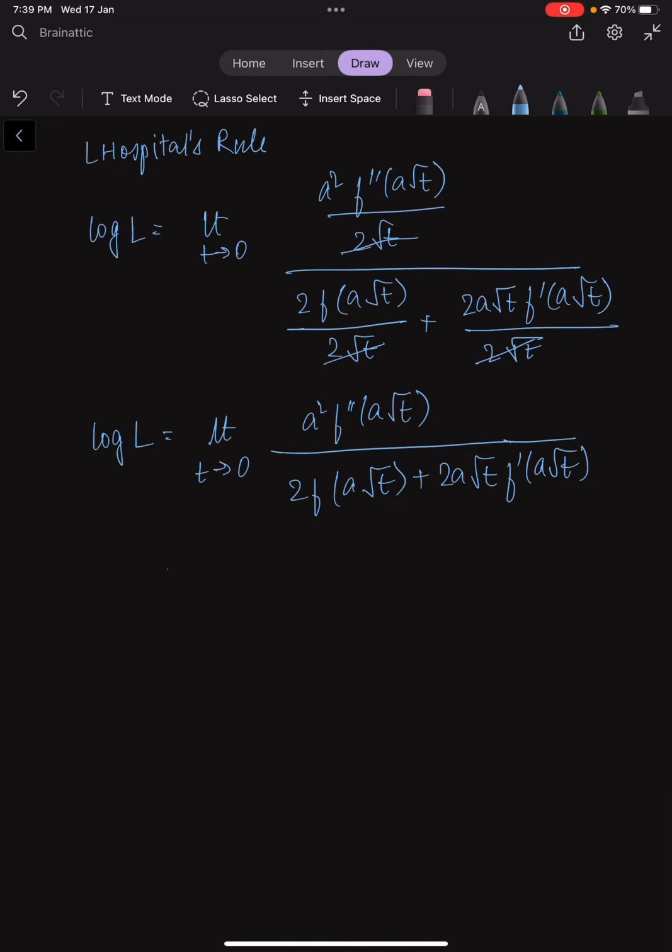Now we apply the limit and we are left with a² by 2 minus.